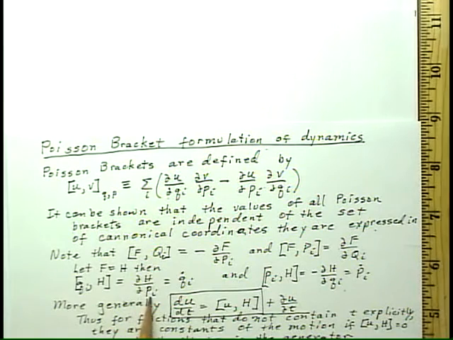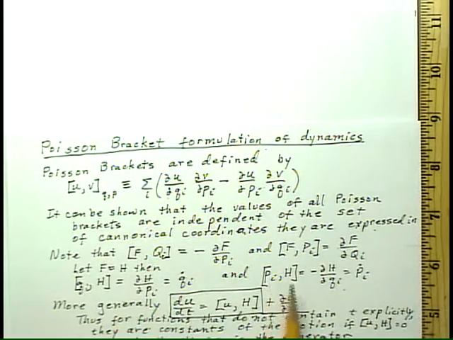Now, the partial of H with respect to pi is going to be equal to qi dot, according to Hamilton's equations. Likewise, over here, we can see that the bracket of pi with H is minus the partial of H with respect to qi from this function right here, which is equal to pi dot.